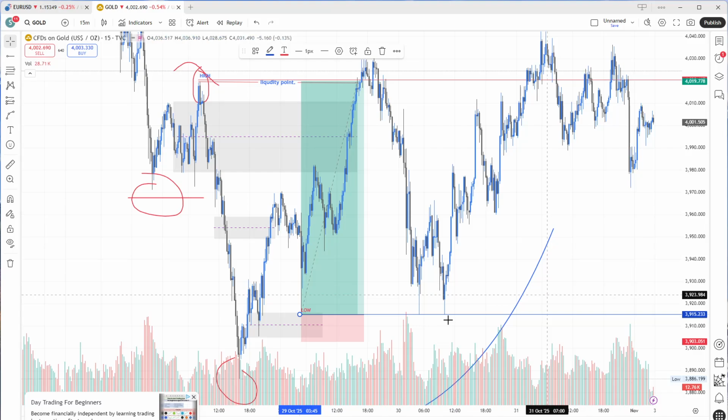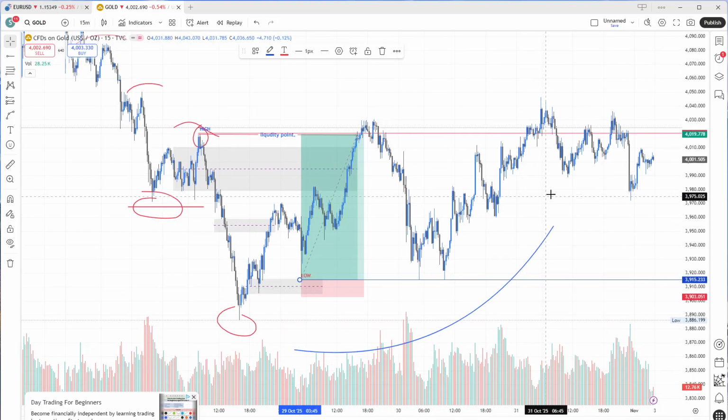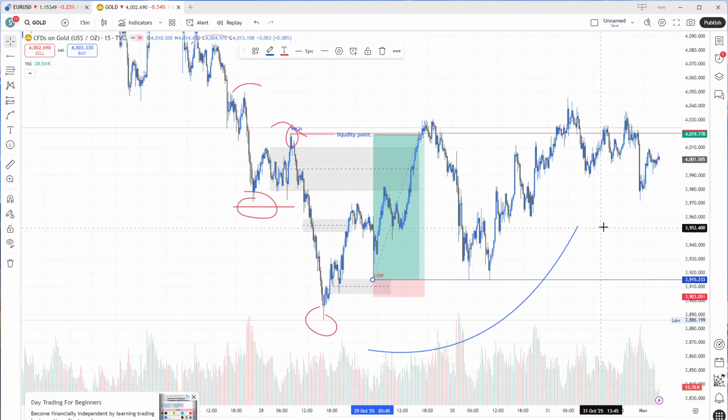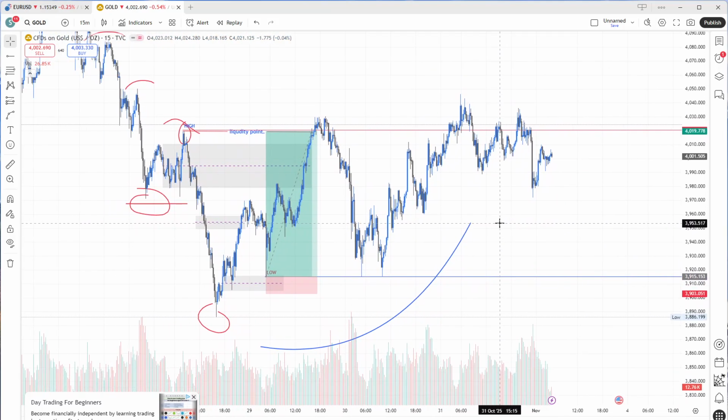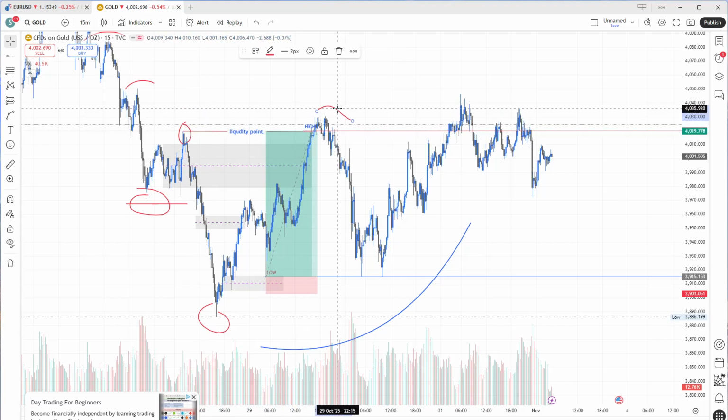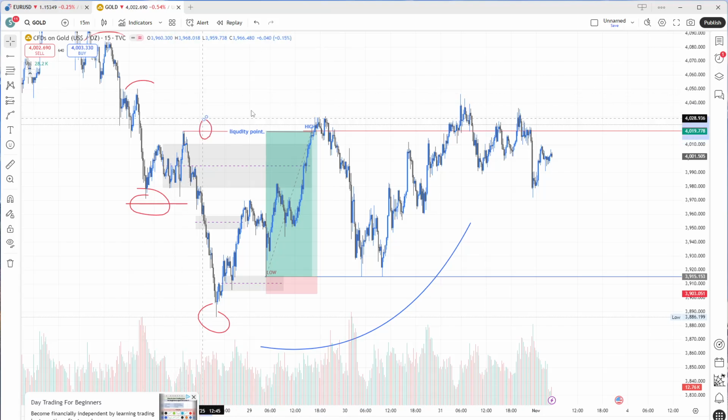And as you can see, price came and created equal lows down here, right? So after this point, basically what it's doing is shifting to the upside.